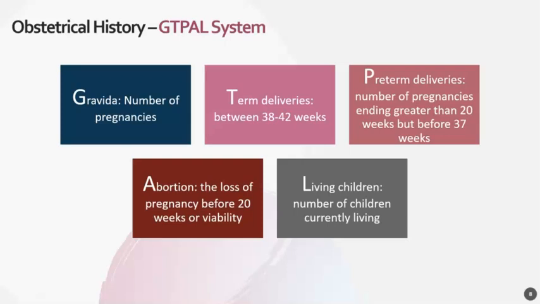The P stands for preterm deliveries, the number of pregnancies ending greater than 20 weeks or viability, but before the completion of the 37th week. A stands for abortion, which is the loss of pregnancy before 20 weeks or viability. And then L stands for living children. So that is the number of children who are currently living.